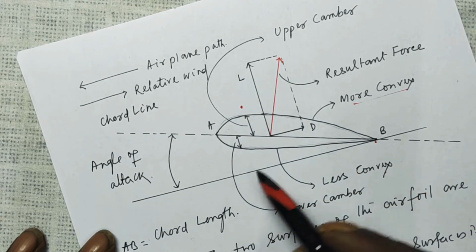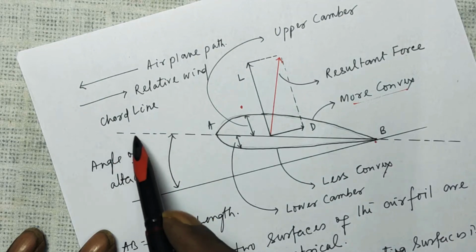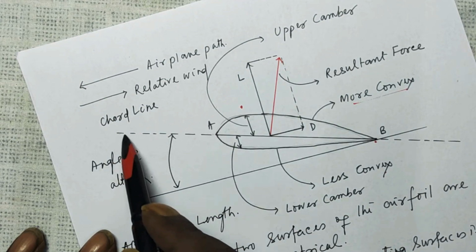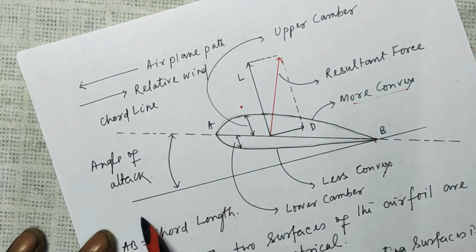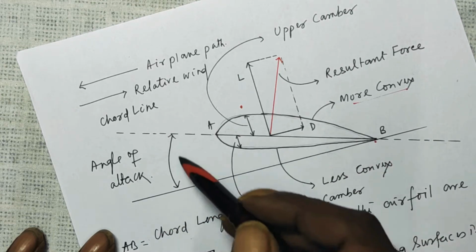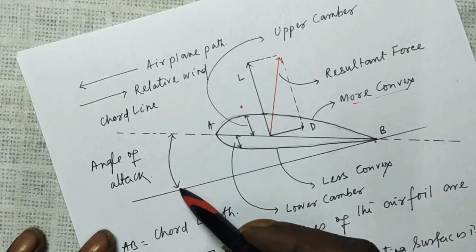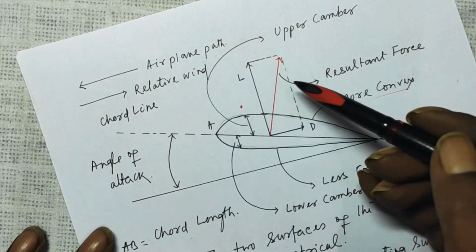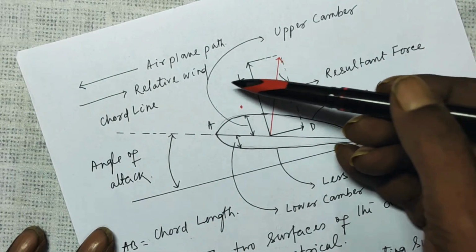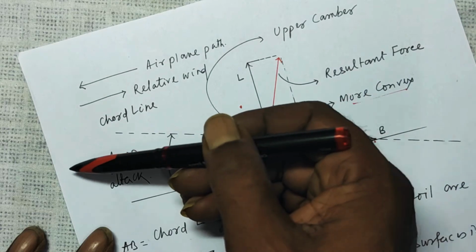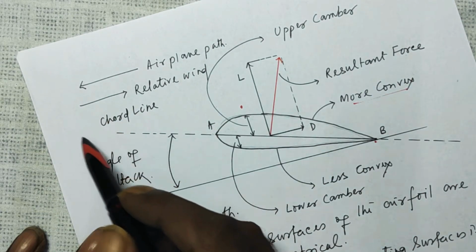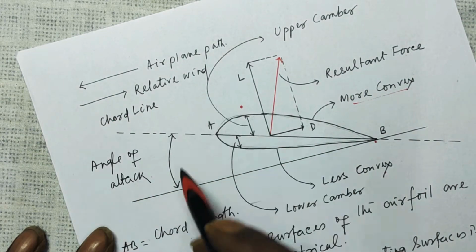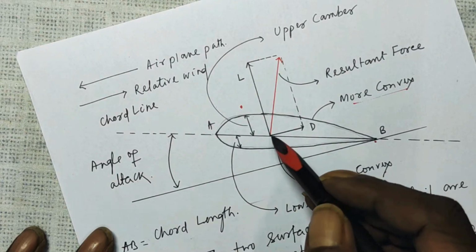Now this is the chord line, and this is your horizontal. This angle is called the angle of attack. The airplane path is to this side, and the relative velocity of the wind is to this side. Now this is a vector.